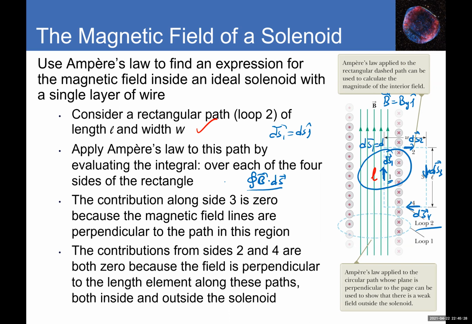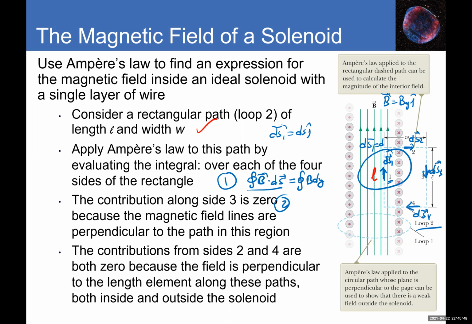That means for segment one, they're parallel. So I can say it's closed integral of B ds. Technically I can even replace this ds with dy. The idea here is that both of them are in the same direction.